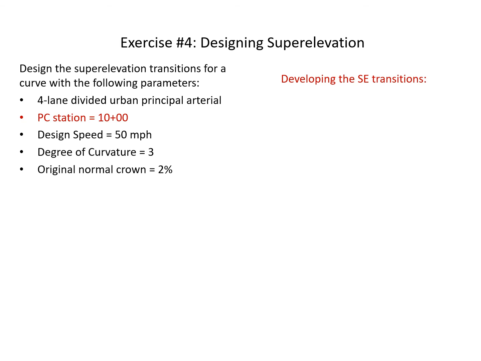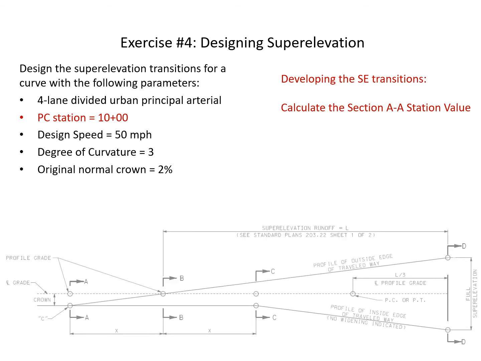Let's develop the superelevation transition locations. Let's first calculate the section AA station value. If we look at our standard plans 203.22, you'll get a diagram of the superelevation transitions. And we're going to be calculating the station at the section AA.